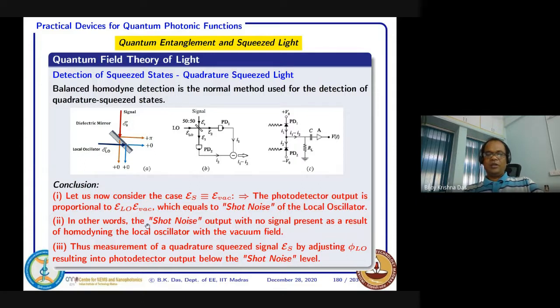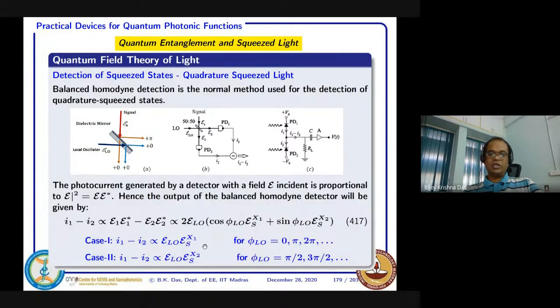Okay. Now the question is, if you have a squeezed signal, you are getting phi LO. Either when your squeezed light is just switched on, you are getting this one or this one, depending on the phase, right?